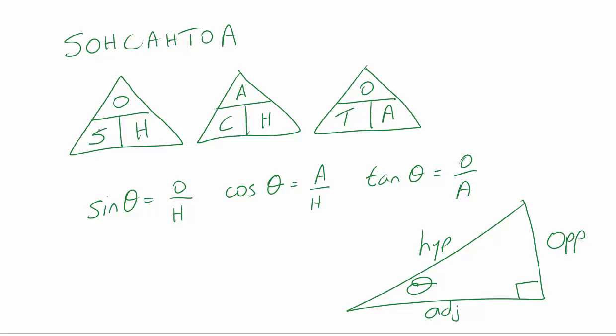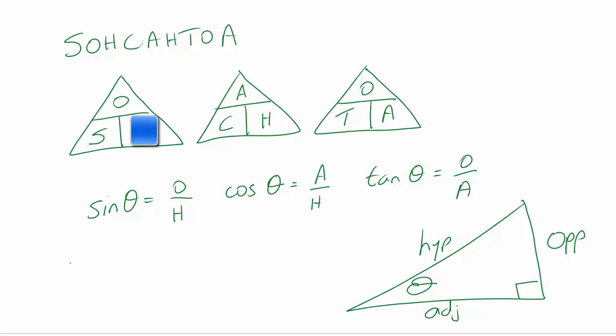If we cover up what we want to know, so let's say we cover up sine, you can see the rule is written opposite over hypotenuse. If you are then thinking, oh well, I know what the opposite is, but I want to find the hypotenuse, you would cover up hypotenuse and you can see that the rule would be opposite divided by sine theta.